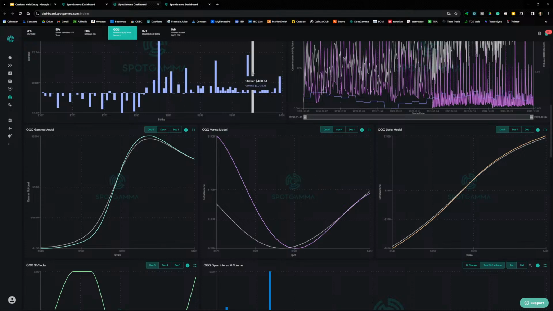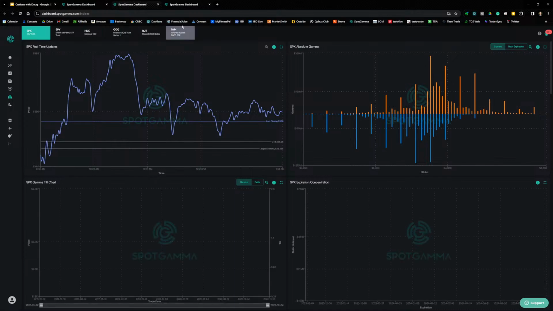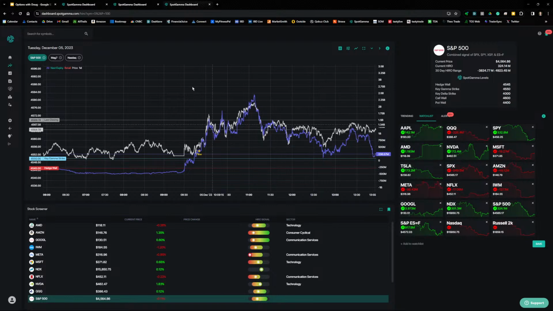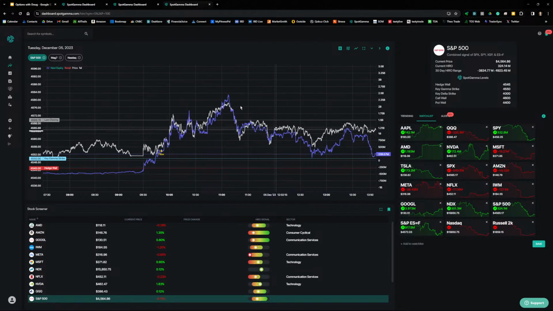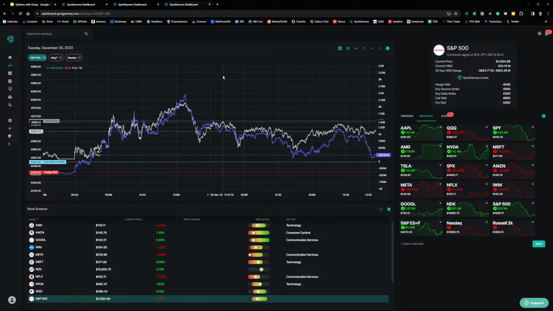All right, let's take a look at some setups now. First thing that I want to do is take a look at how options traders are positioning themselves, how they're trading today. This chart is the hero chart, hedging impact, real-time options. So everything that we've looked at so far, other than Bookmap, has been based on static data that's updated once a day.